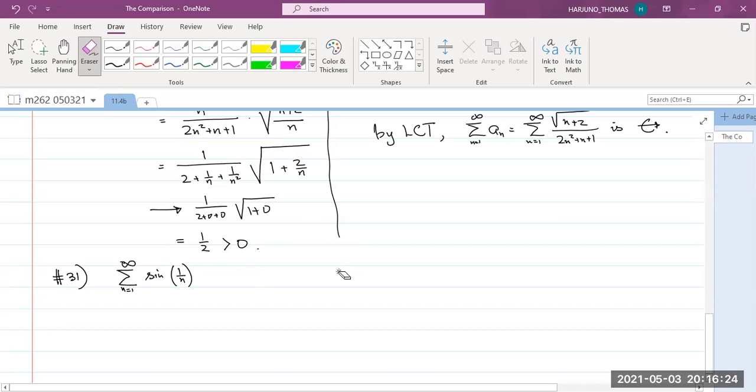What I write in blue is what I have in my mind: sine 1 over n works similarly to 1 over n when 1 over n is very close to 0, which means n is very close to infinity. So I will compare that with 1 over n.